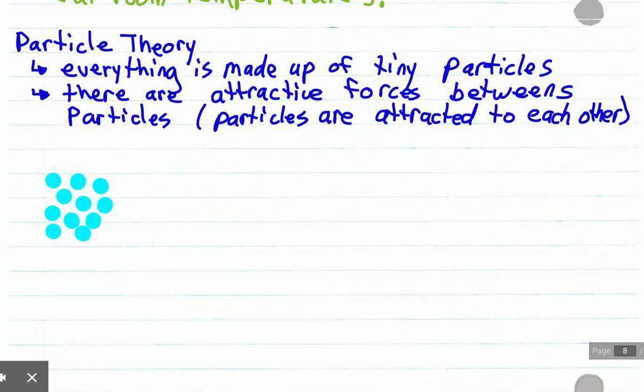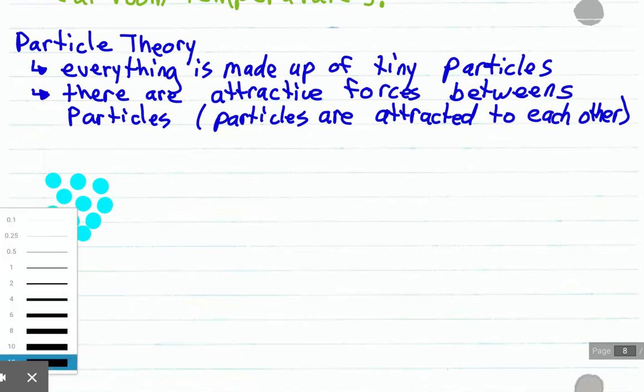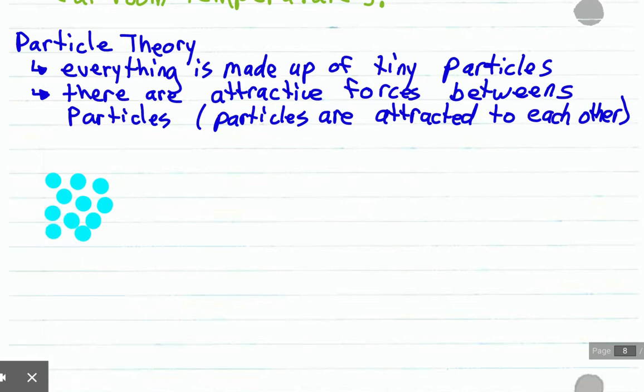And it also says that there are attractive forces between my particles. So between the particles, there are forces of attraction. Now, I'm not going to draw them all in, but they exist.